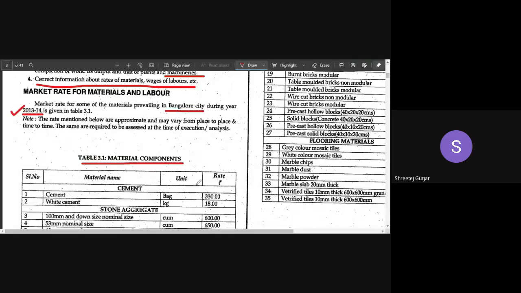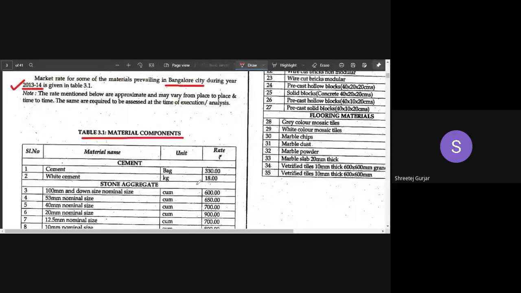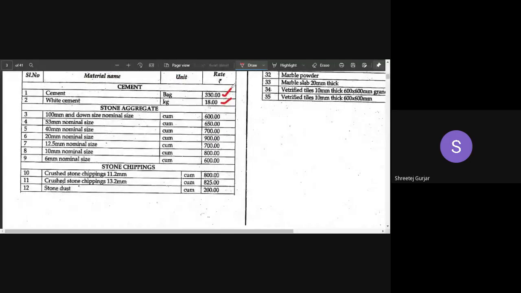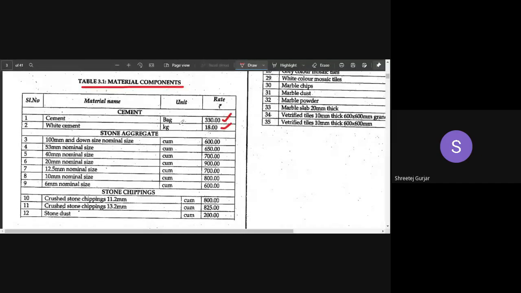We can adopt the latest rates in a particular rate analysis, as they have increased by 2021. The rates mentioned below are approximate and may vary from place to place and from time to time. These rates are not fixed and not standard; they are just for your reference.